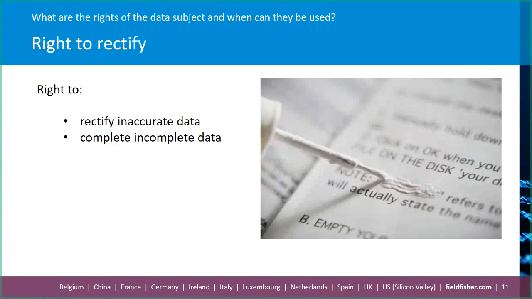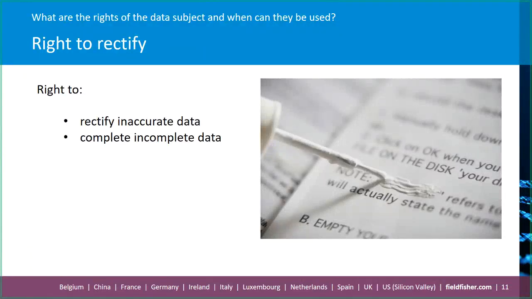And so also, just another example is the right to rectify. Certainly, if you apply for credit, for example a loan or a credit card, credit reference agencies such as Experian will allow you to check your details.